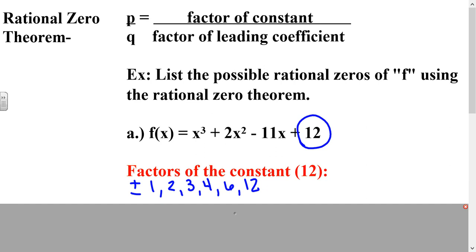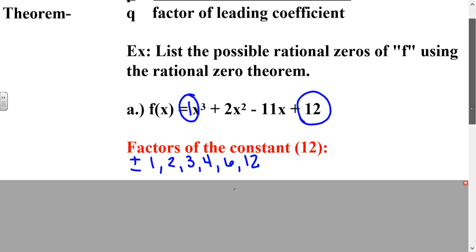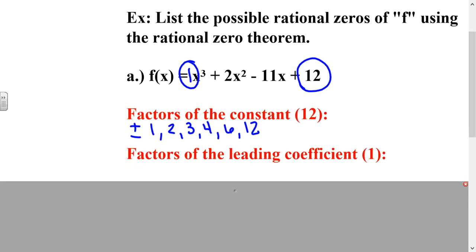Then I have to list all the factors of the leading coefficient, which is the number in the very front. In this case, it's a 1. Factors of 1 would just be positive or negative 1. And we're supposed to divide those. So if I take 1 divided by 1, 2 divided by 1, 3 divided by 1, 4 divided by 1, you get it.